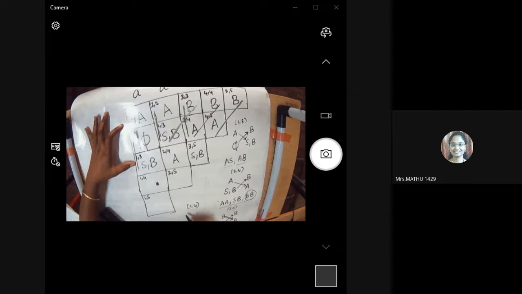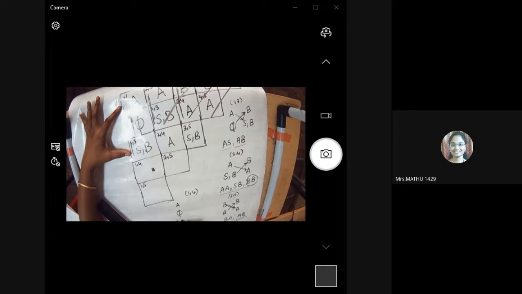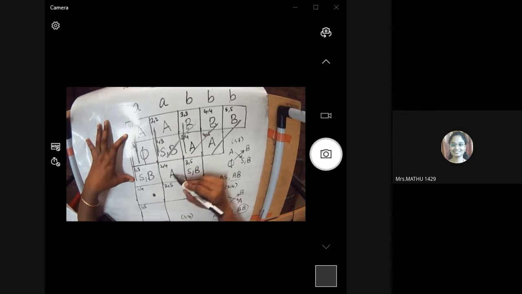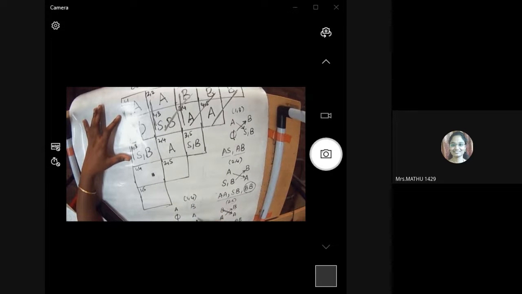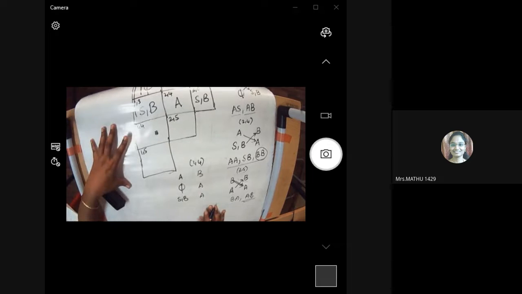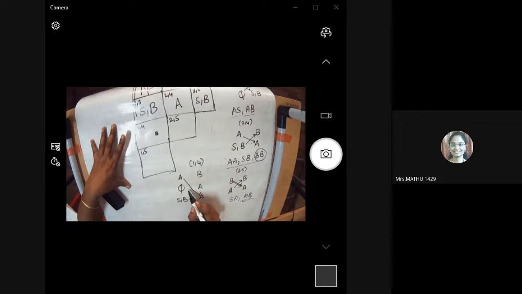So what variables will we get? A, phi and S comma B, and then diagonal to this is BA. You have to take it from the top, BA. When you are crossing it, the first one has to be mapped with the last one, the second one with the one previous to the last, and this with the first one.